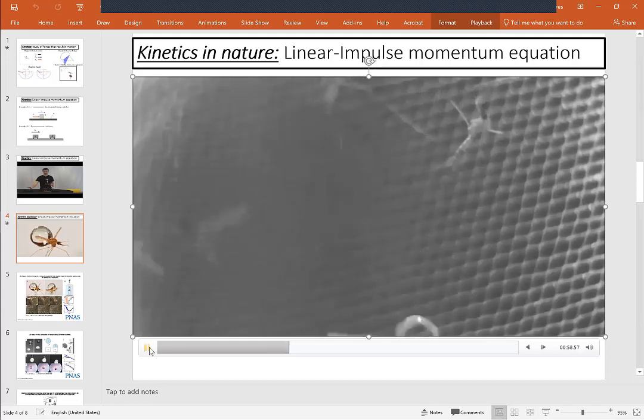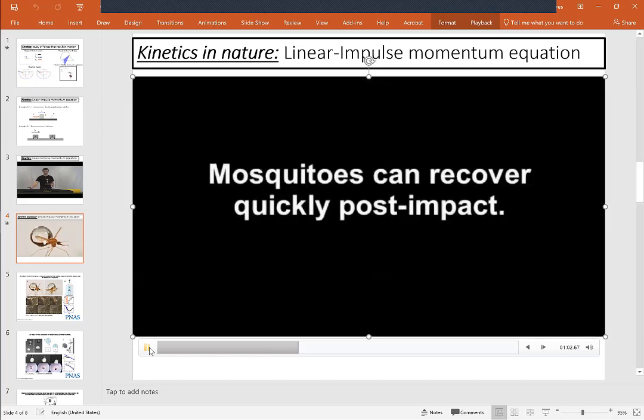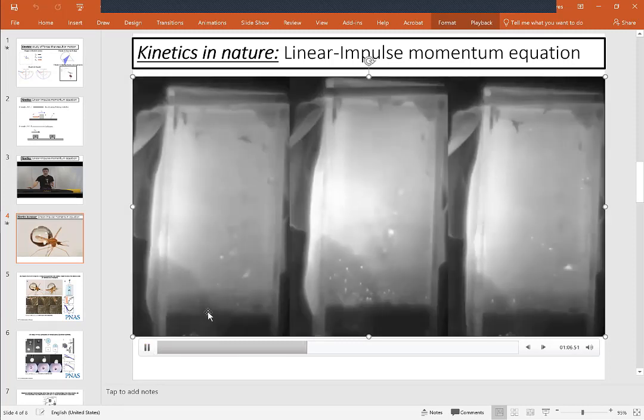So it's pretty cool how this looks. Let me just show you a little bit more. So, you know, there's a huge raindrop. It hits the mosquito, and then it doesn't break it. It just makes it fall a little bit.